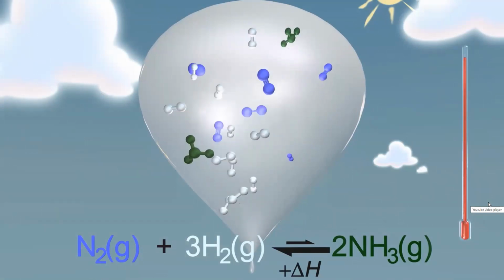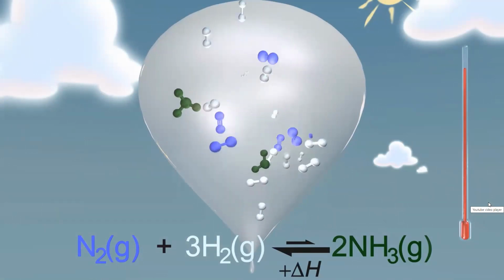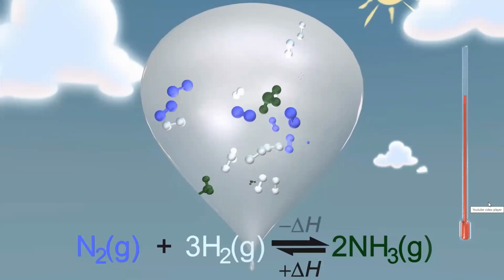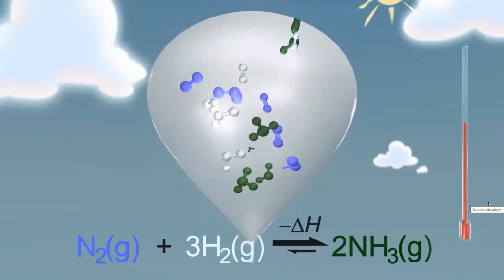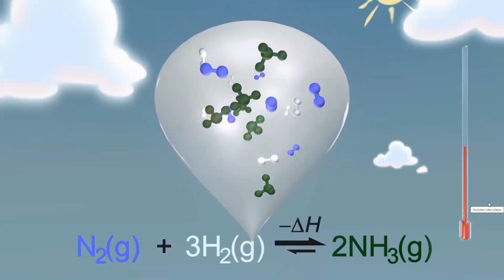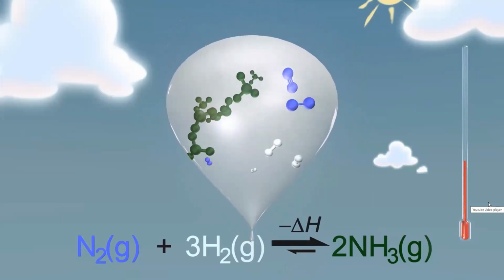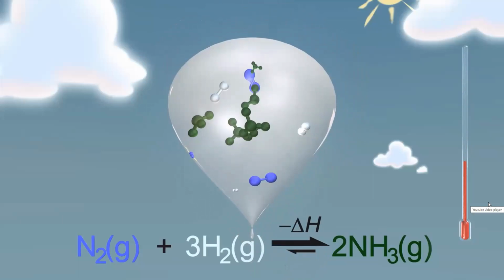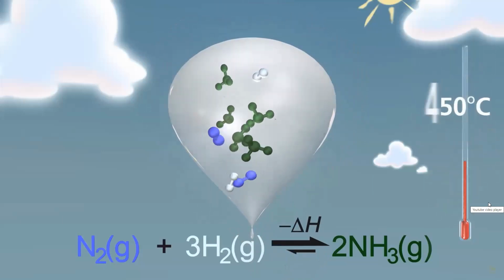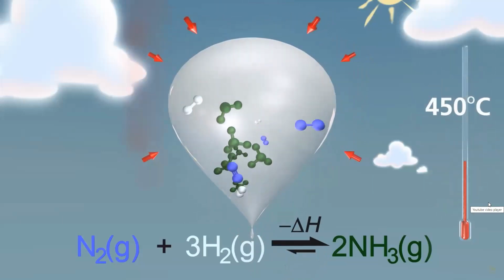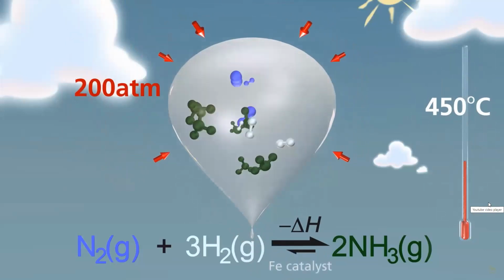Decreasing the temperature drives the equilibrium position towards the exothermic right-hand side. The system gives heat energy back to the surroundings. A better yield is obtained at lower temperatures, but this benefit is offset by a slower reaction. Industrially, a temperature of 450 degrees Celsius, a pressure of 200 atmospheres, and an iron catalyst is used.